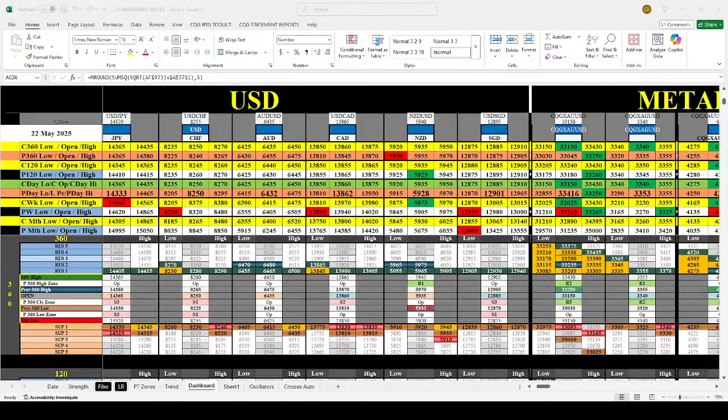Then the next one, I'm going to enter selling at 55, and for that one the stop I'm going to put at 63 and a half, and the TP is 44 or 45.